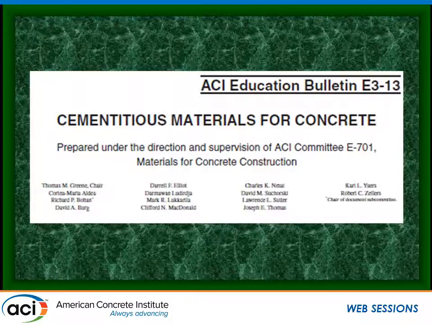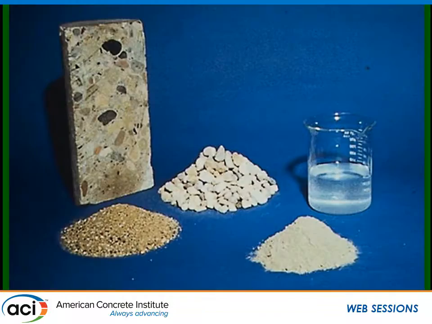Cementitious materials are covered in 225 for Portland cement and other cements, along with 232 for fly ash, 233 for slag, 234 for silica fume. So this one 30-page document is covering the material from 4 other technical committees and their documents.